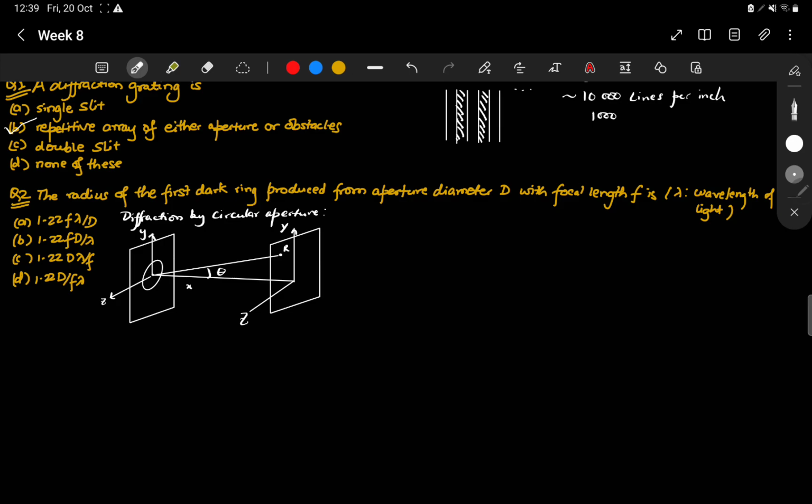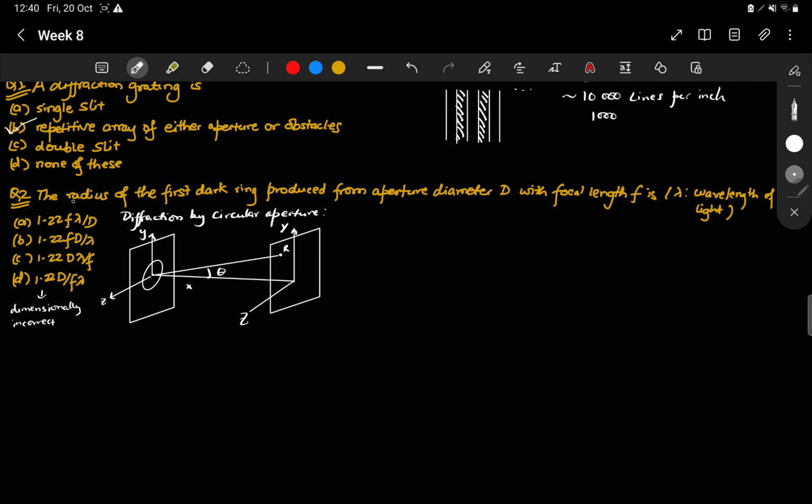And now we need to look at the electric field. So first of all, before starting, you could immediately see that option D is dimensionally incorrect. So we can just simply rule out option D. And why is it dimensionally incorrect?